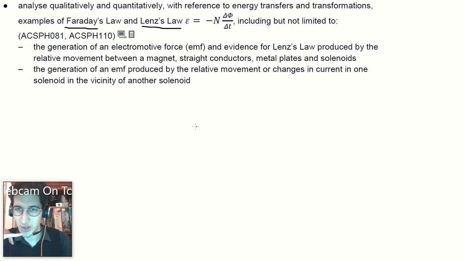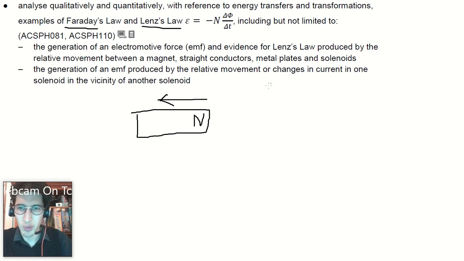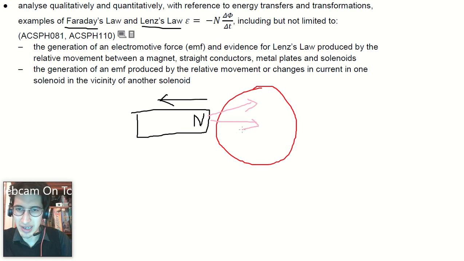That's why we spent the last video talking about changing magnetic flux. So for example, if you had a magnet moving away from a wire, here's our wire, it's a loop of wire. Right now, the magnetic field is going into the wire, but as the magnet moves away, less and less flux is in the wire.